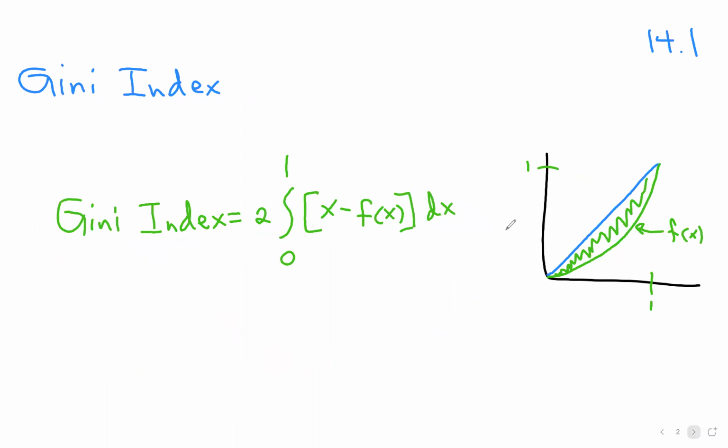If you wanted to look at another thing that we can do with area between the curves, the Gini index is an actual application that gets put into economics, as well as into finance and such.